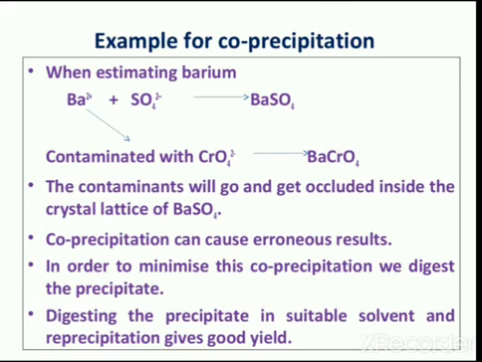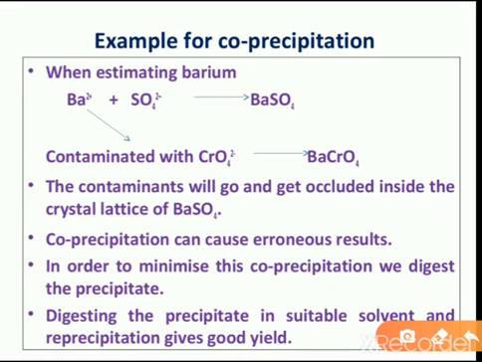Now we'll see what co-precipitation is with an example. Here the example is barium being precipitated and estimated as barium sulfate. In the determination of barium ions by precipitation as barium sulfate, other barium salts such as barium nitrate and barium chloride are occluded on the barium sulfate precipitate, so they are also included with the precipitate.